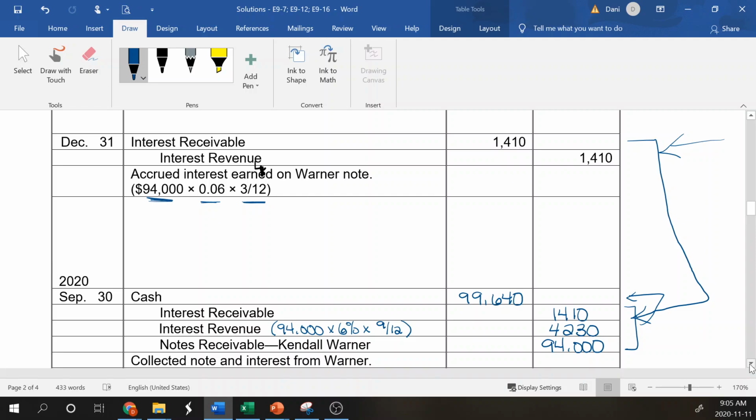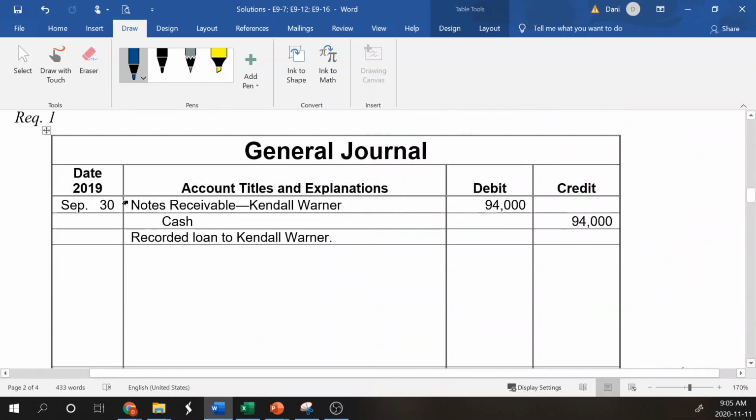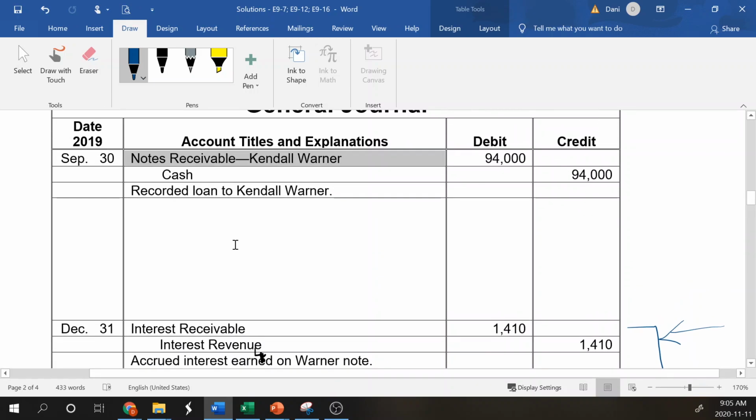Okay. Part 2 of the question says which party has a note receivable, note payable, interest revenue, and interest expense. So the note receivable, well, that's Team Bank. This is who recorded the note receivable. They're the ones that lent the money, so they are the ones that have that note receivable. Who has the note payable? That's Kendall Warner.